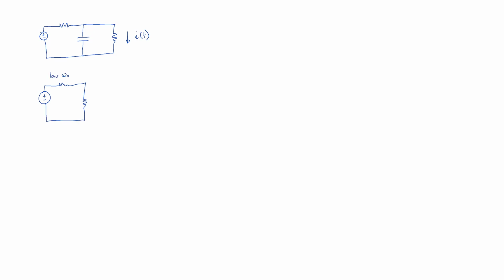So for low omegas, we get this. And for very high omegas, that capacitor looks like a short. And so for very high omegas, it's clear that our current will go down to 0. And so therefore we have a low pass filter.